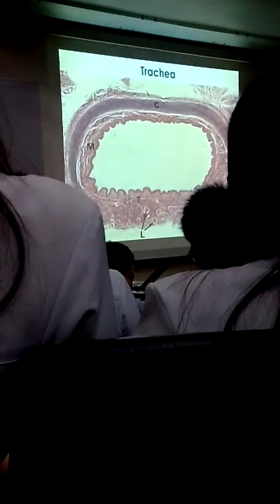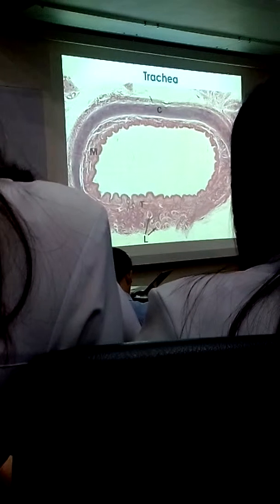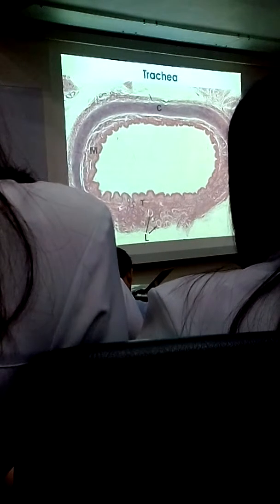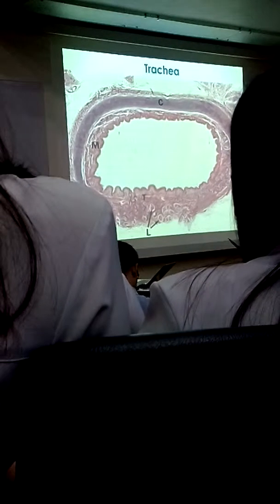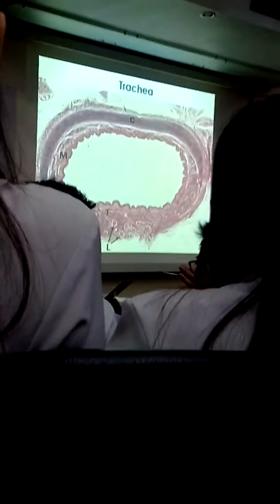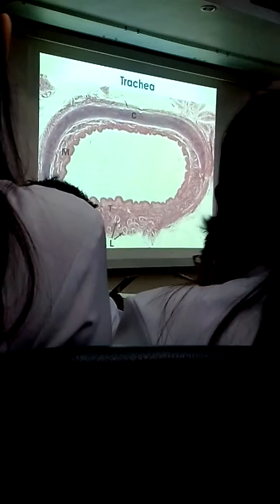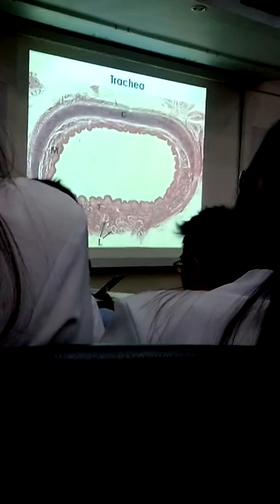So histologically, this is how your trachea appears. So the cartilage, how many cartilages are there in an adult human being? 16 to 20. How long is the trachea in centimeters? 16 to 20.